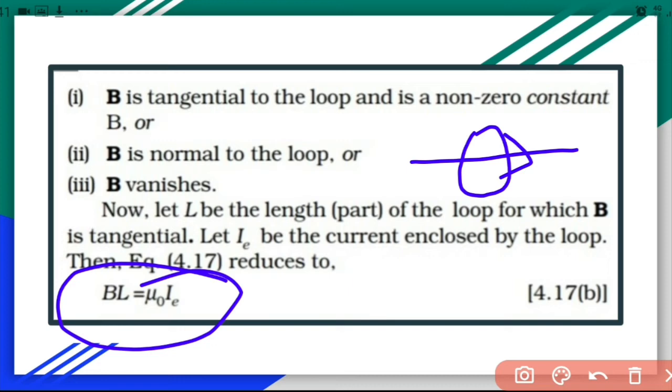Here it is the same as the current through the wire, because the loop encloses that wire. So the current enclosed by the loop, I_E, is the same as the current through the wire, I. So BL is equal to mu 0 I_E, and it is applicable in the three conditions we stated above.